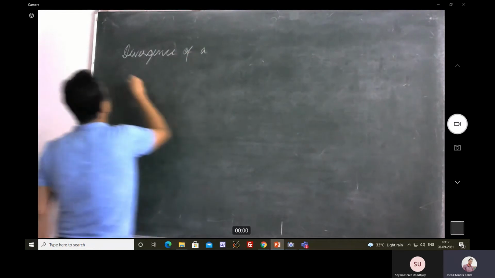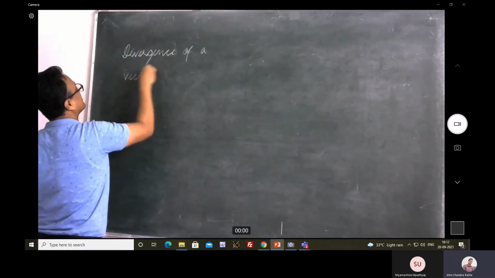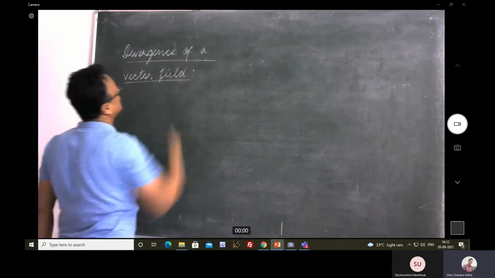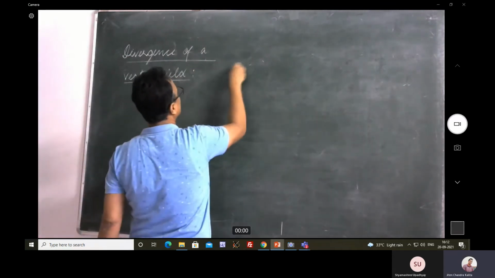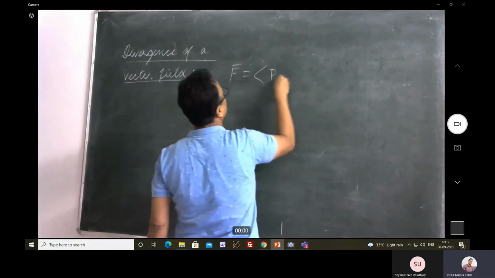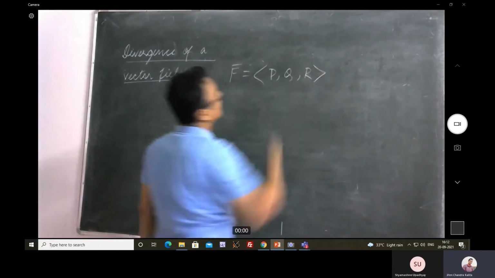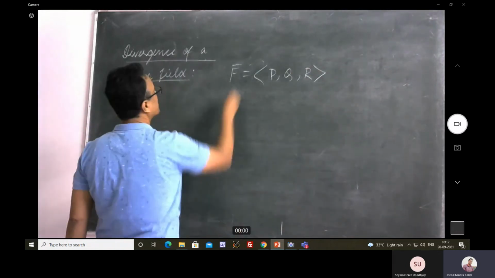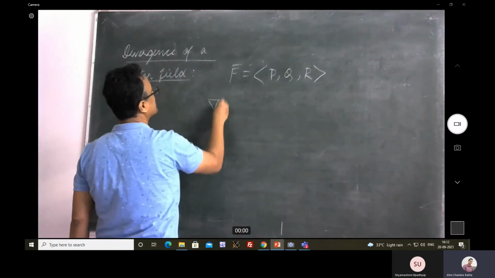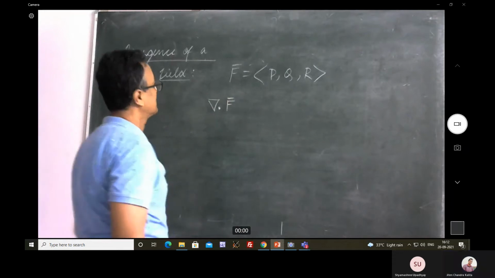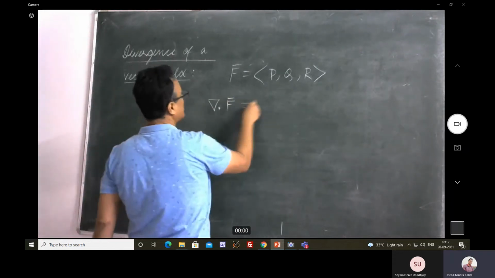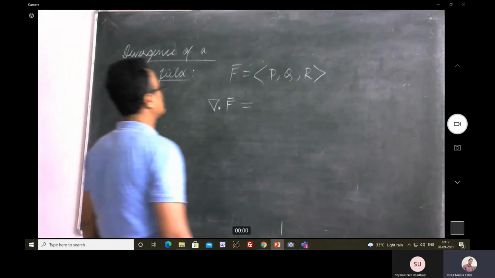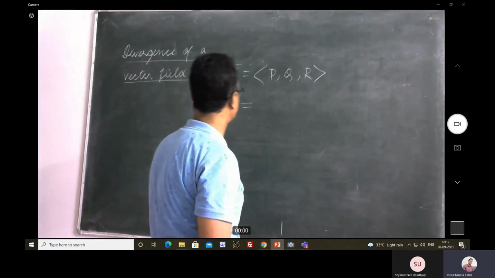Divergence of a vector field. Again, we are assuming that we are given a vector field given by this. Then the divergence of F is denoted by this, and of course we assume that the components of F possess first order continuous partial derivatives.